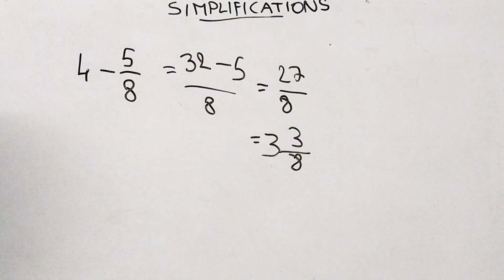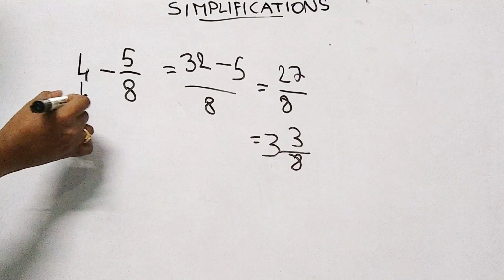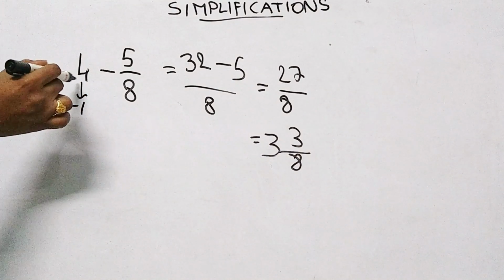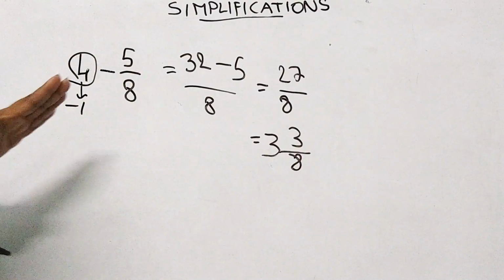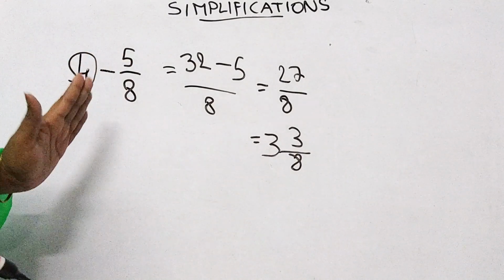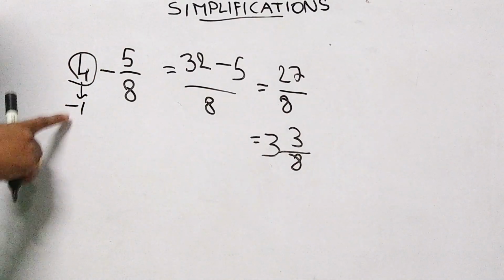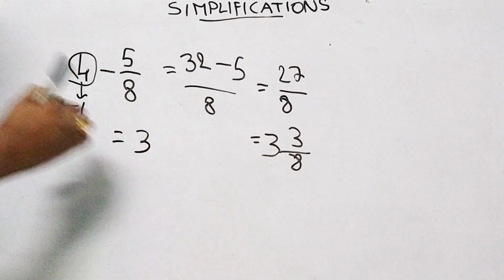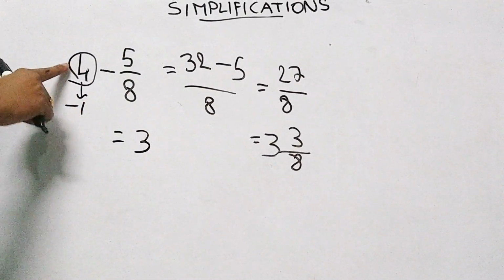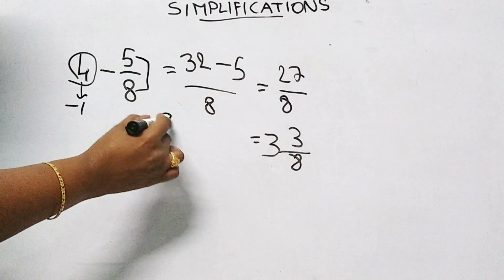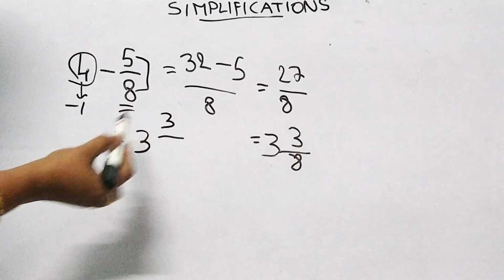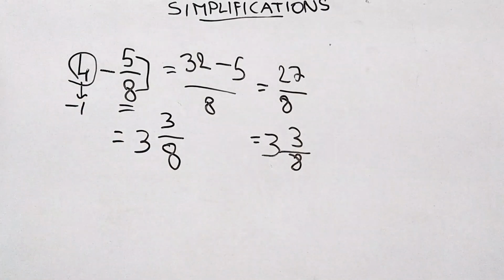But in subtraction, always reduce 1 from the integral part. The integral part is the number part. This is the fraction, this is the number. So 4 minus 1, just reduce only 1. 4 minus 1 is 3. The difference of these two, 8 minus 5, is 3. The denominator is the same. 3 by 8. So that is our shortcut here.